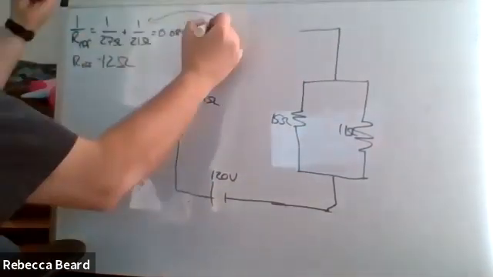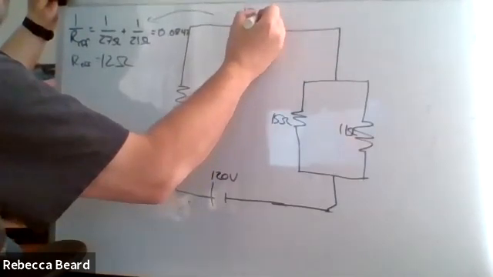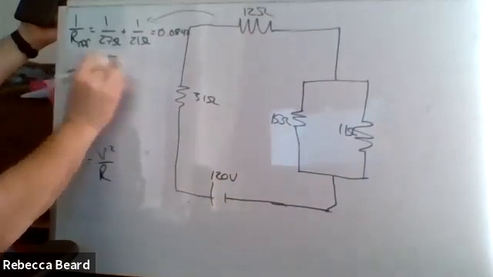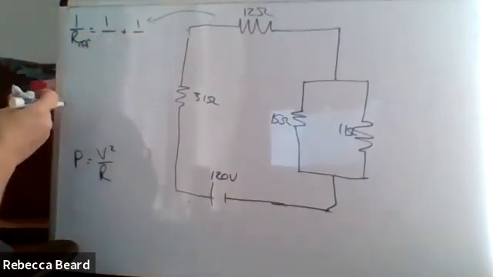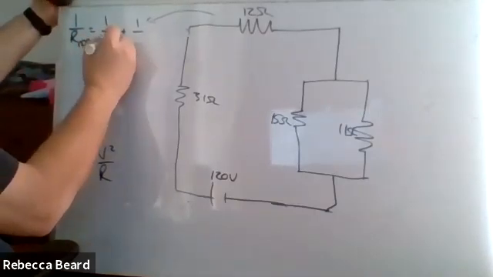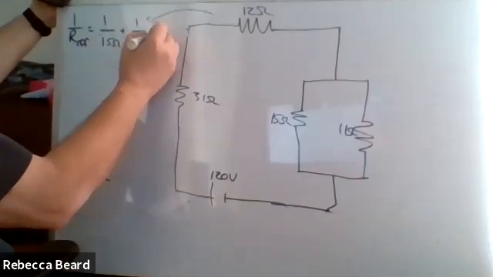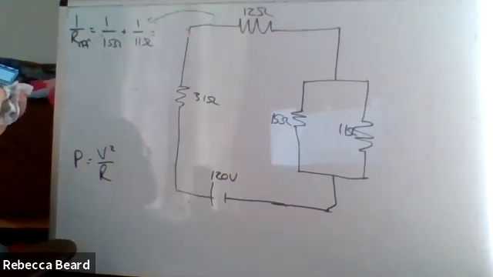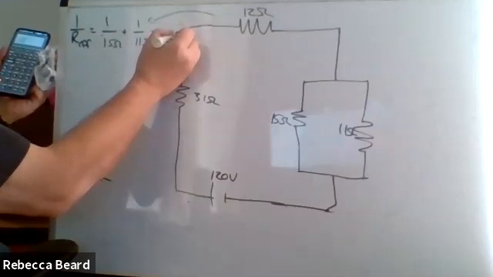All right. So we're going to take this and replace it with a single effective resistor that's 12 ohms. We're going to do the same thing with this one. 1 over 15 ohms plus 1 over 11 ohms. I'm getting 0.1576 there.